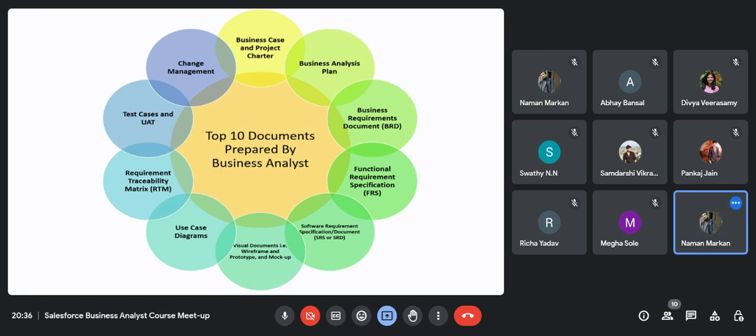And even if someone fails to prepare this particular document, then it is definitely going to fail your process or your project. A failure of your project is definitely going to happen, right? Because no one has a full understanding of what exactly we need to do. That is exactly what happened in the last organization, right?